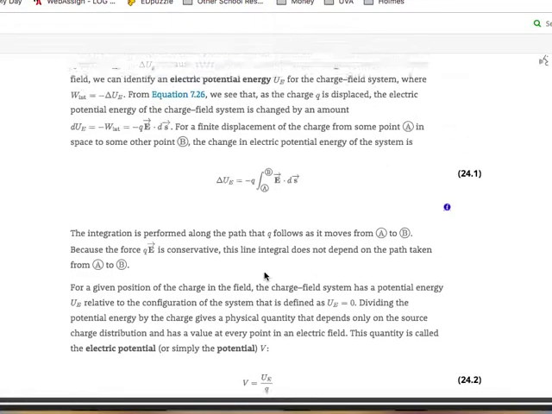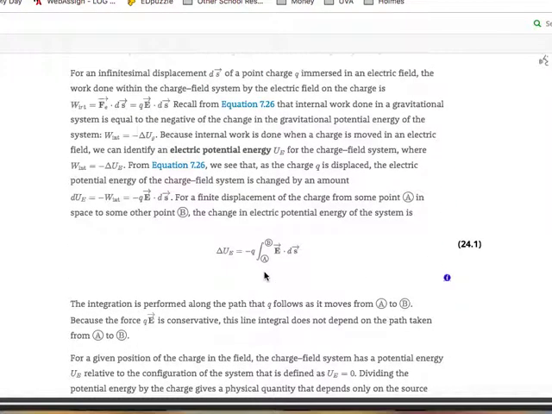So let's go back to electric potential energy. We've said that gravitational potential energy, or elastic potential energy, or any form of potential energy is related to the stretching or compressing of a system. With gravitational potential energy, it was the system with the earth and a ball. With elastic potential energy, it was the two ends of a spring.